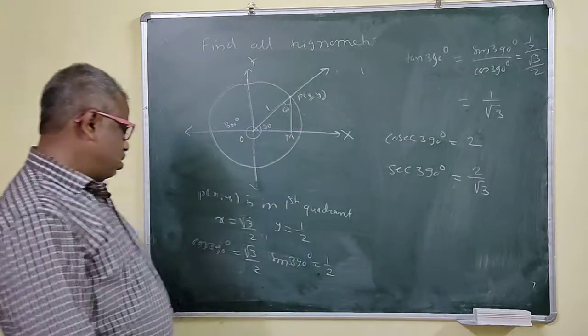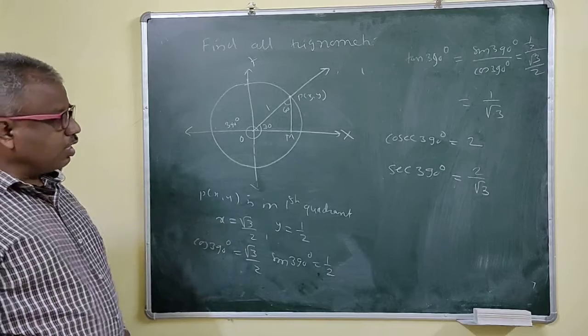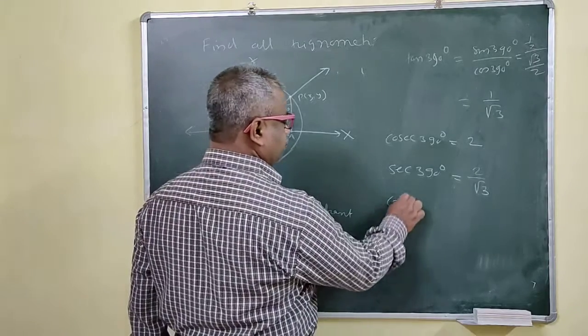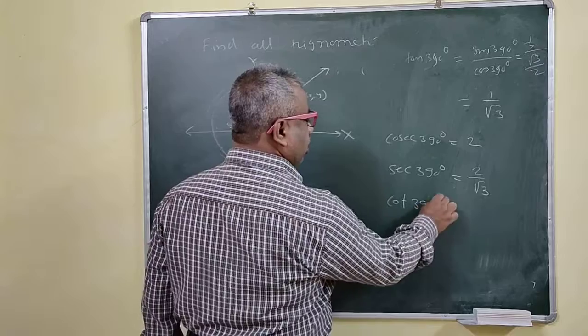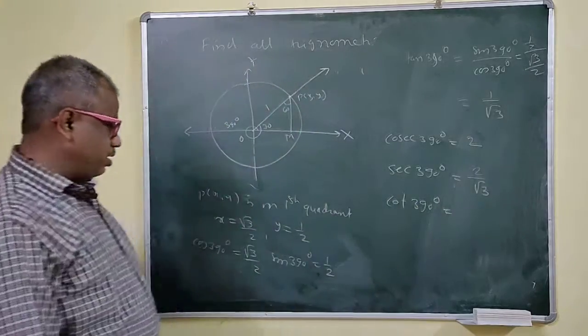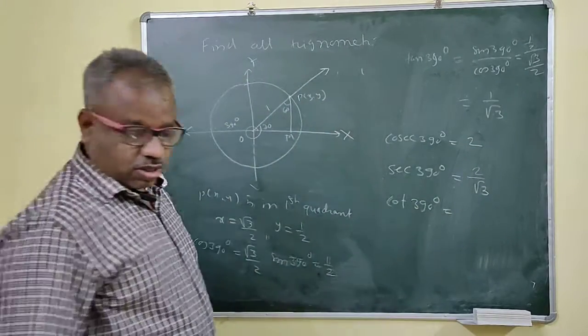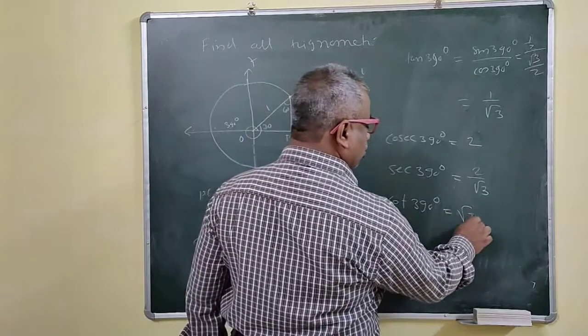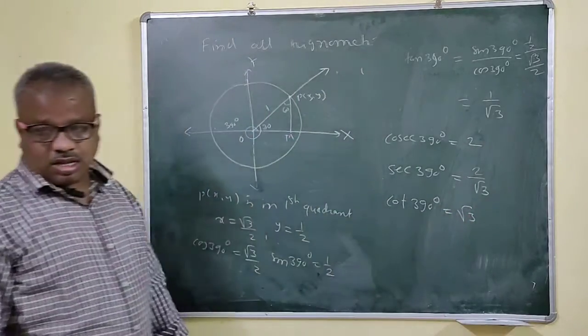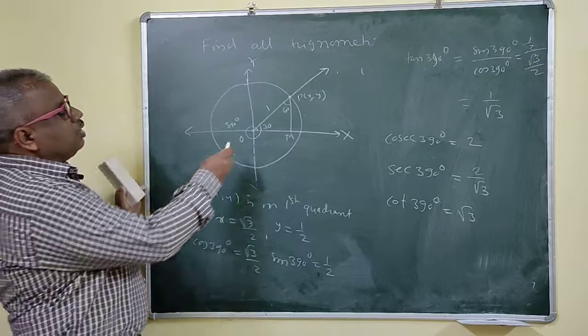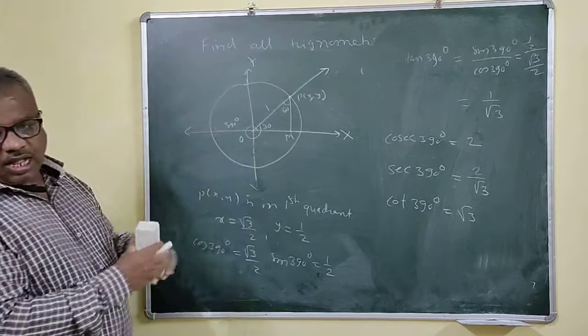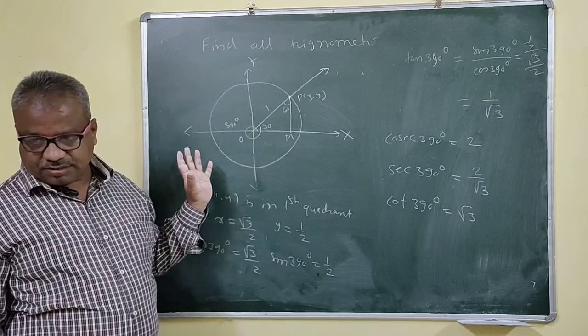Then cot 390 degree is the reciprocal of tan. Your tan is 1 by root 3, so this is root 3. Now see, angle 30 degree and 390 degree are coterminal angles.